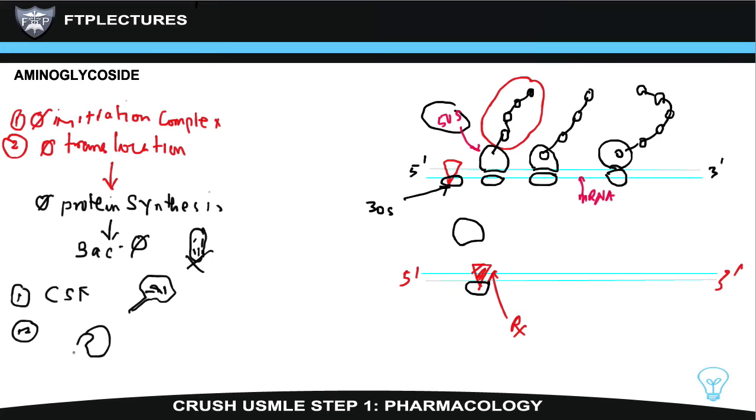Ooh, they love to sit in the kidneys, so they can accumulate in the kidney cortex, okay? That's why they can cause a side effect, which we're going to talk about later, so keep that at the back of your mind. And also, they can go into your ears and cause some damage, okay? So we'll talk about that later on. I just want to put that out there so we are aware of this.